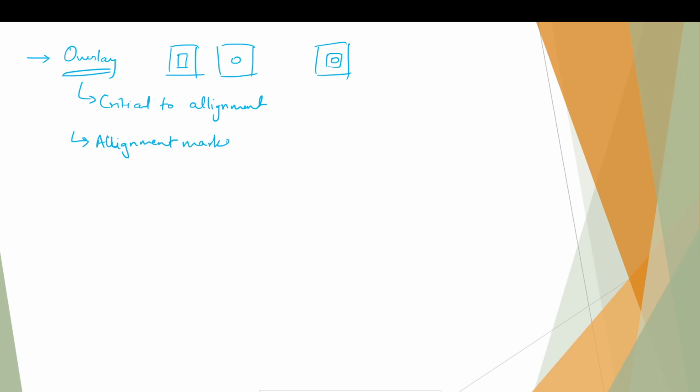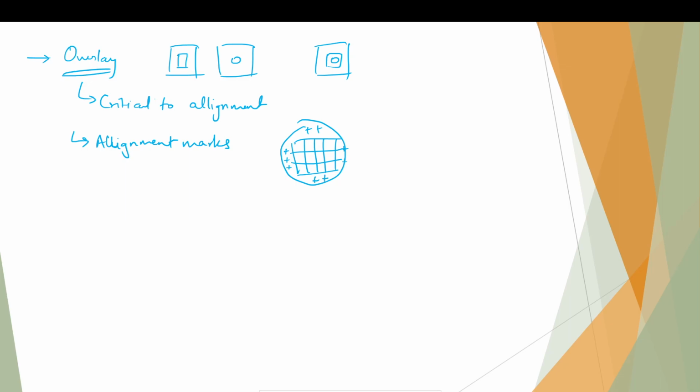On a wafer, when we are writing using a projection lithography system, we have multiple reticles, right? Each reticle we will expose with the mask, then move the wafer, and the next reticle we will expose with the same mask. So it might happen that the alignment might not be perfect for all the reticles. So first, we have global alignment marks that we put across the wafer.